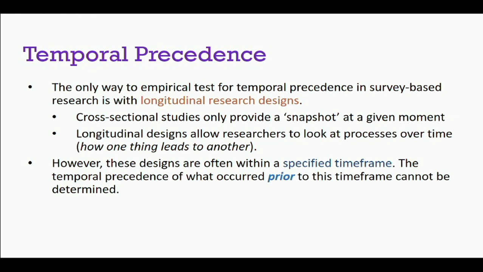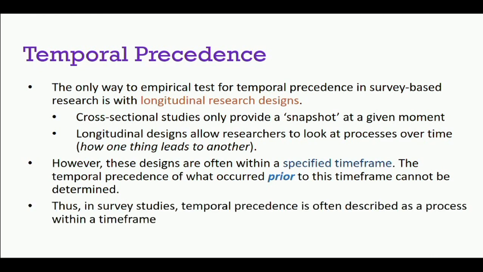The temporal precedence of what occurred prior to that time frame cannot be determined. Thus, in survey studies, temporal precedence is often described as a process within a time frame. We really can't say what's going to happen after, and we really can't say what's going to happen before, but we can at least say within this time period what we think is driving the causal direction.